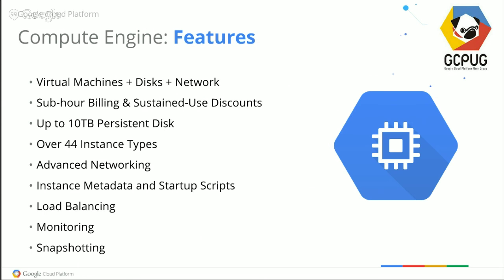You get the disks which you can attach to them of various sizes, and of course then you build a whole network around it as to which ports are open, what kind of services are accessible from outside, with the right kind of access rules around it. So if you need infrastructure, if you need these raw VMs, and then you want to put your own software on it, then you can use Compute Engine.